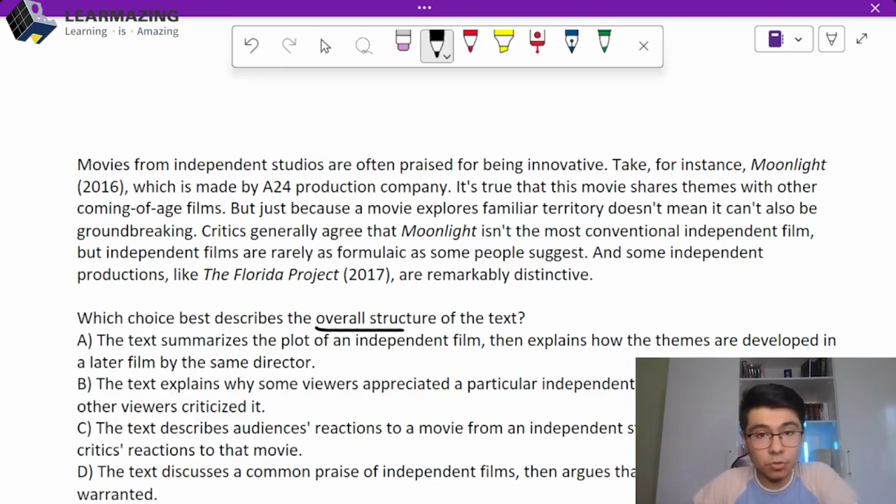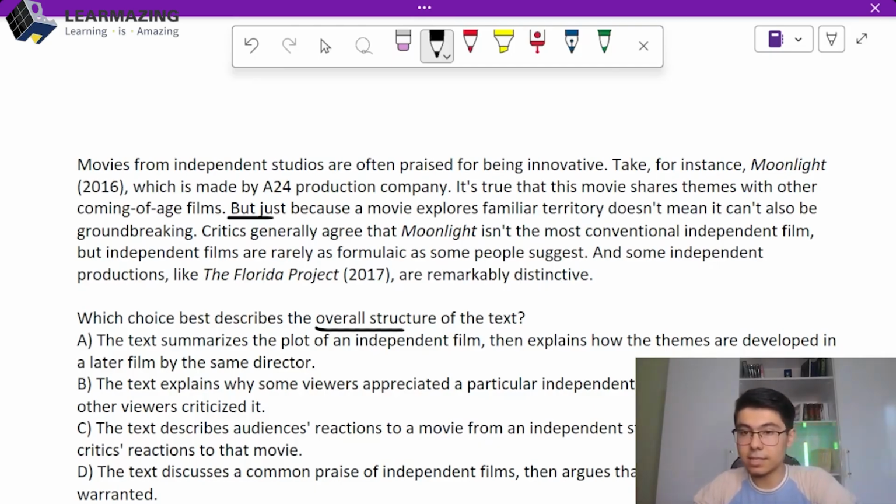It's true that this movie shares themes with other coming-of-age films. But just because a movie explores familiar territory doesn't mean it can't also be groundbreaking. So it's introducing a contrast with the transition word but.